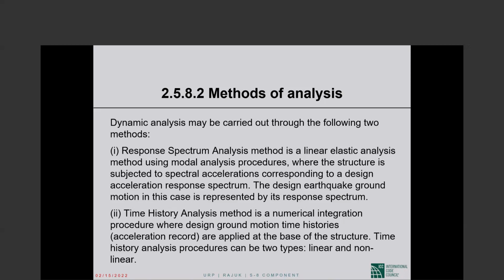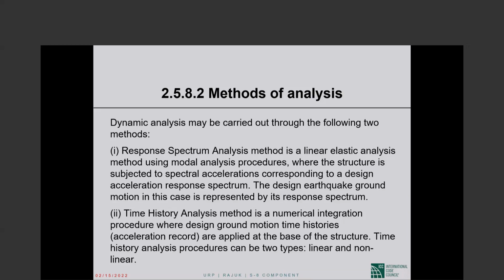The concept is that the structure set in vibration is simultaneously undergoing vibrations in a number of different modes, which means in a number of deformed shapes.